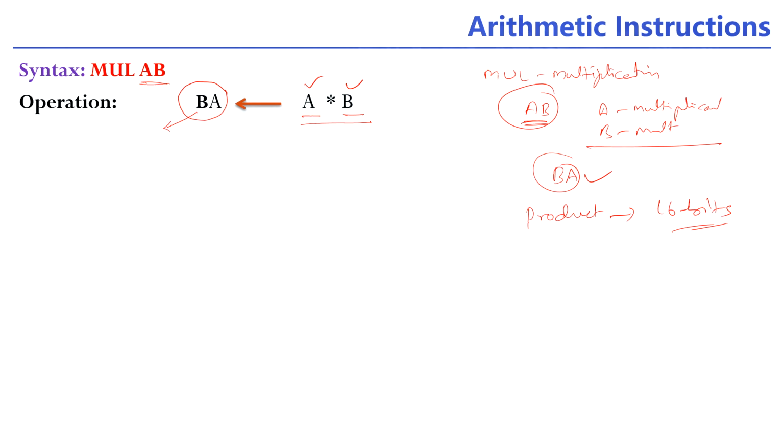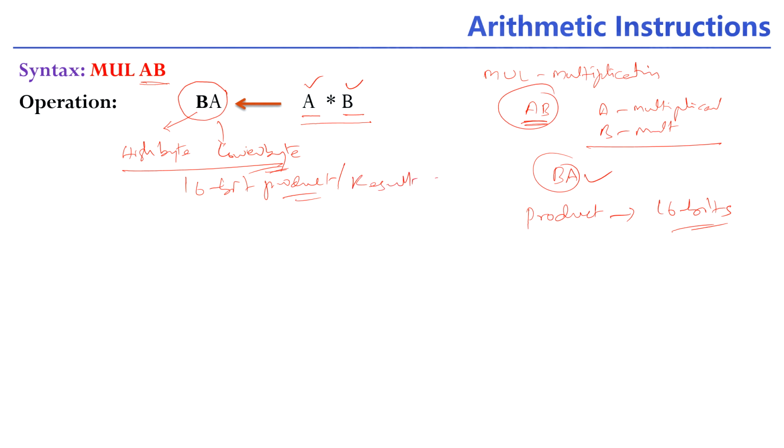Always the B register has the higher byte of the product, and the A register has the lower byte of the product. Combinedly, it is a 16-bit product or result.